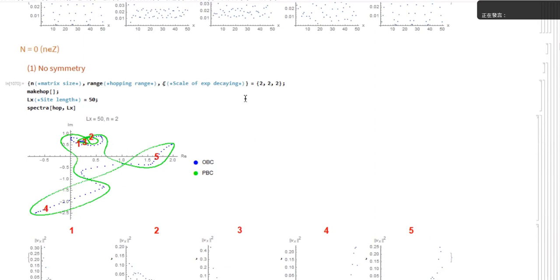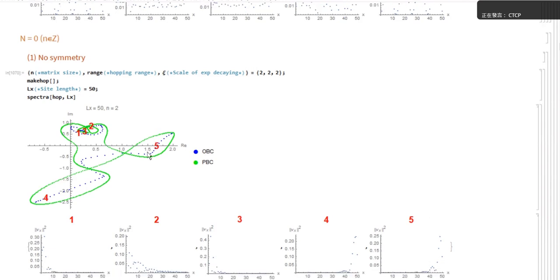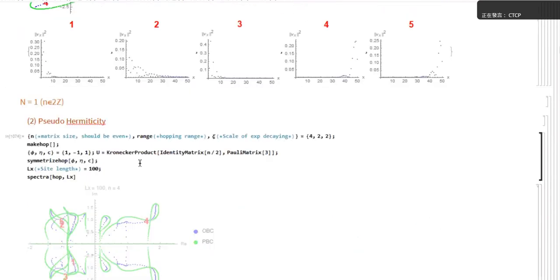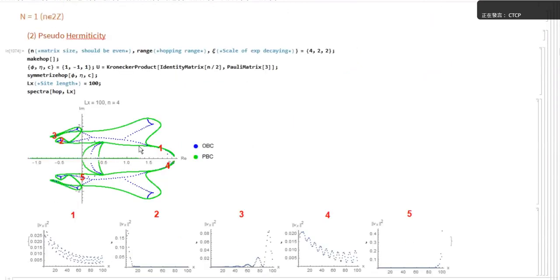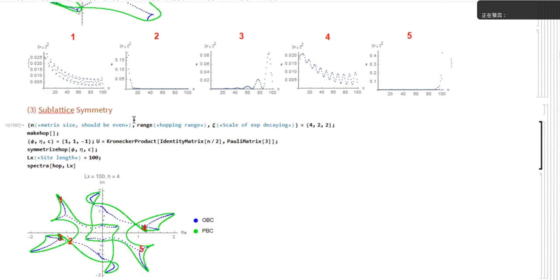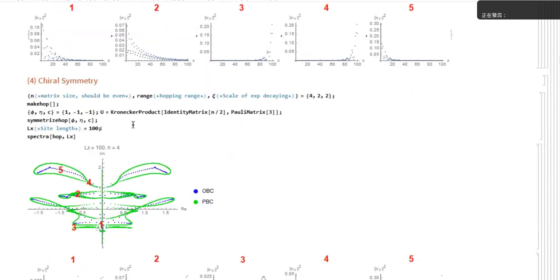For example, this is a one-dimensional system with no symmetry. I draw the periodic boundary condition spectra and the scheme. And for sublattice symmetry, I also have a scheme. With spiral symmetry, I have one.